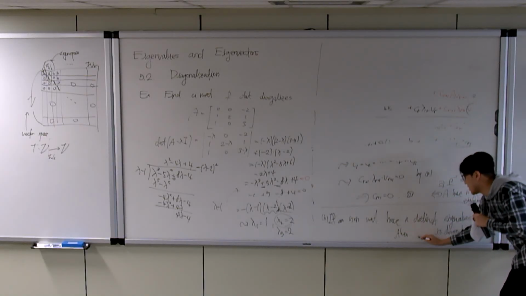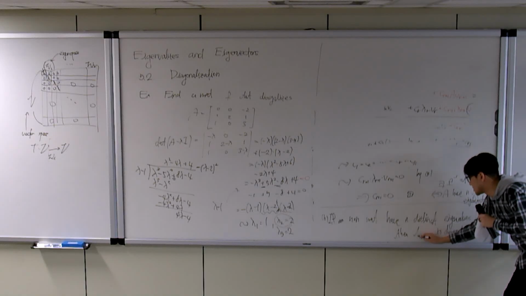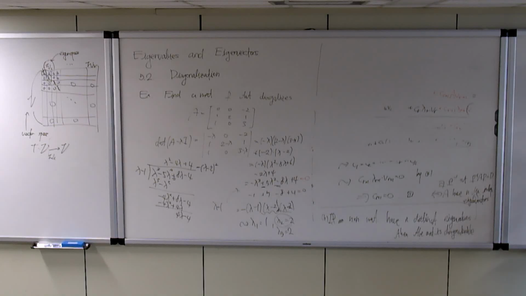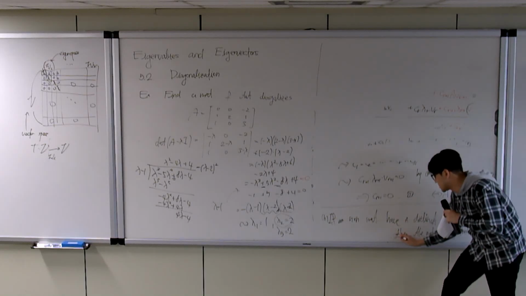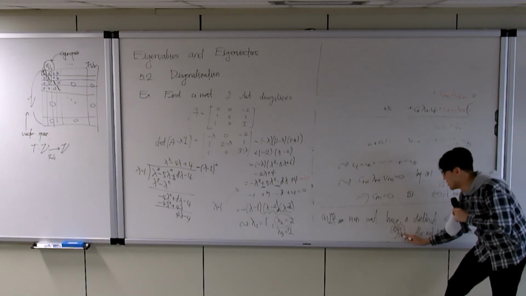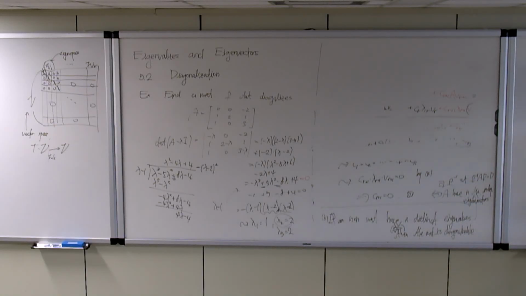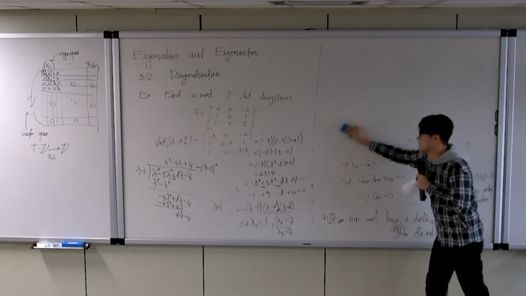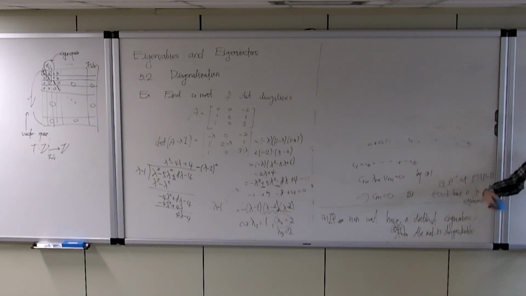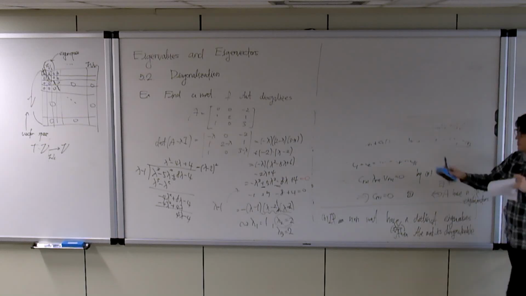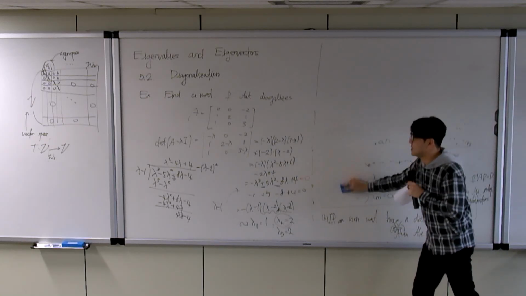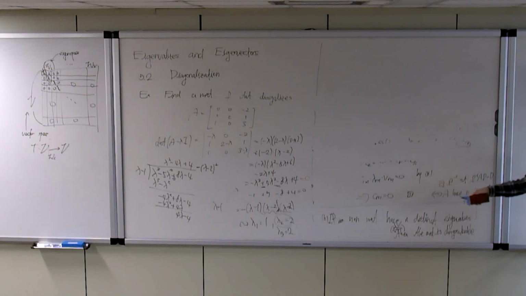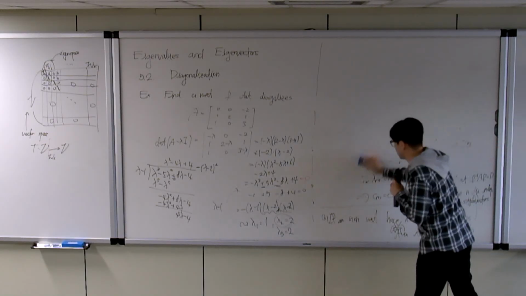The eigenspace is the null space. So I will calculate only the lambda 2 case, and the eigenspace is the null space of A minus lambda I. To calculate it, let's make the augmented matrix 0, 1, 1, 0, 1.